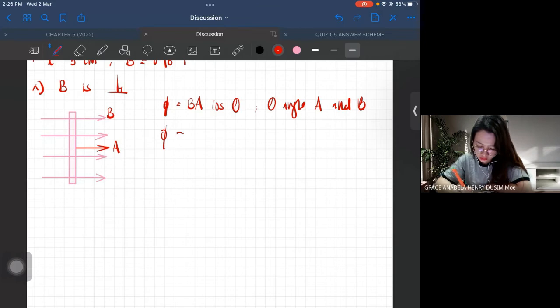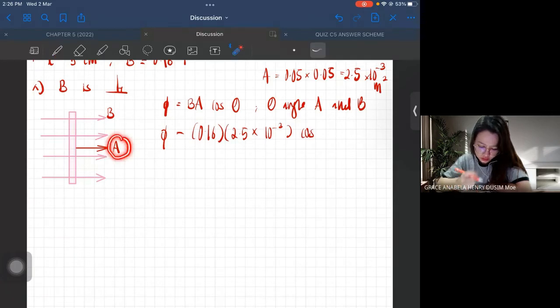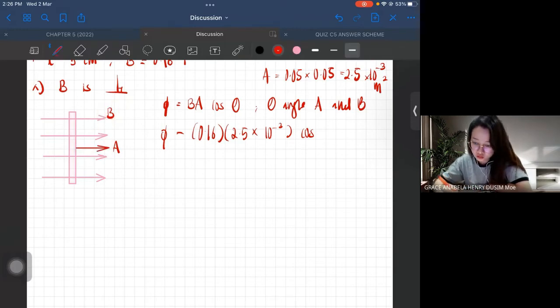B is 0.16, A is 0.05 times 0.05, which gives 2.5 times 10 negative 3 meter square. The angle between area and magnetic field is 0 degree, so cos 0 degree. So the magnetic flux at this point is 4 times 10 negative 4 Weber.